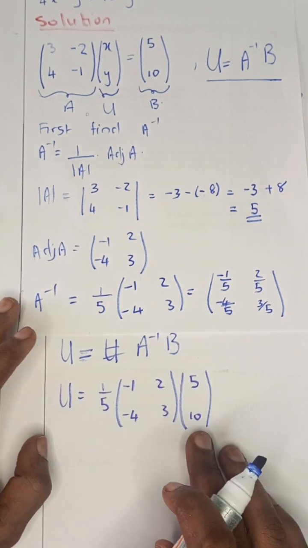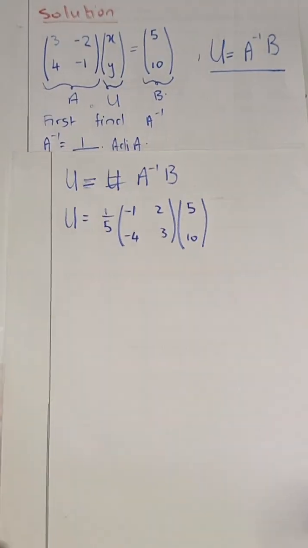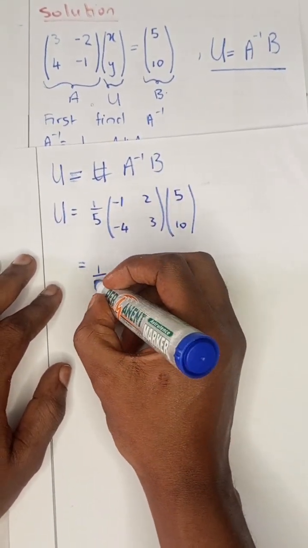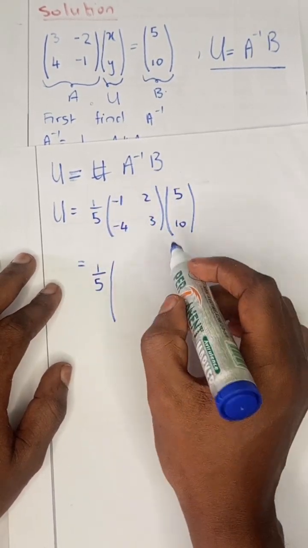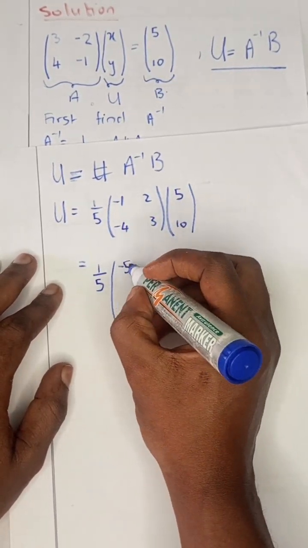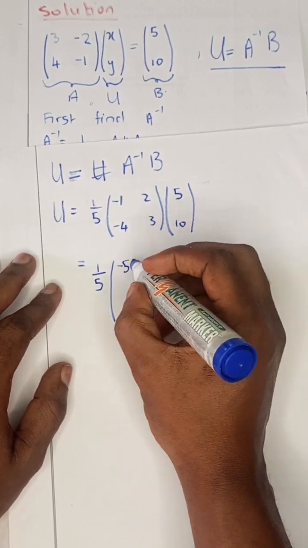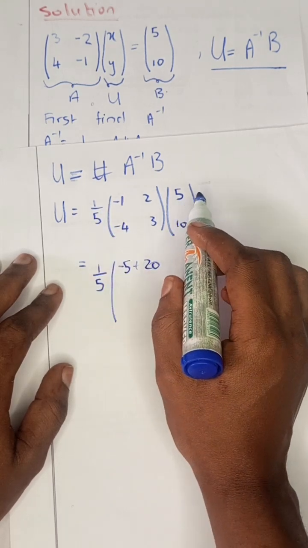So here, we apply our knowledge of matrix multiplication. And that's going to give us, we keep this factor out first. We multiply. So we do row by column. So we have -5, that's -1 times 5, -5, plus 20. We are done with the first row.